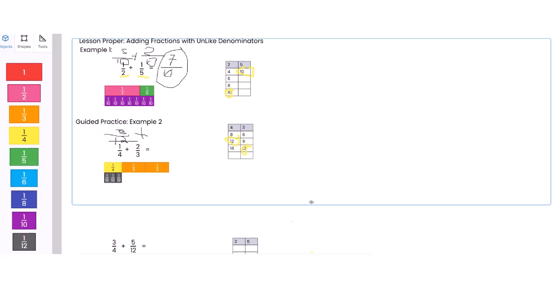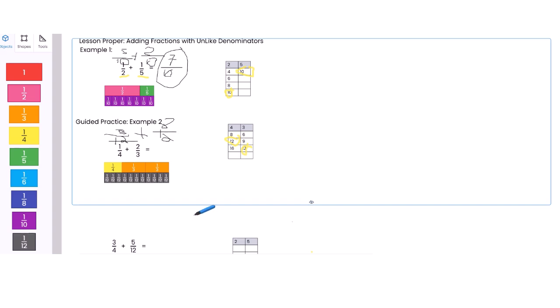How about 2/3? How many 1/12s do you think will fit on 2/3? So we have 1, 2, 3, 4, 5, 6, 7, 8. Oh no, 8. So therefore, 2/3 is equal to 8 over 12.